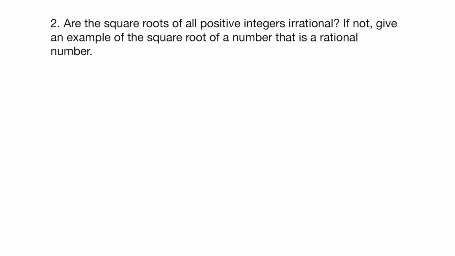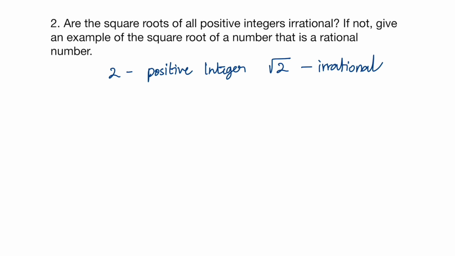Now, we know 2 is a positive integer, but root 2 is irrational. With that, can you say every positive integer's square root is irrational? Absolutely not. You cannot say that, because let us consider 4, for example.